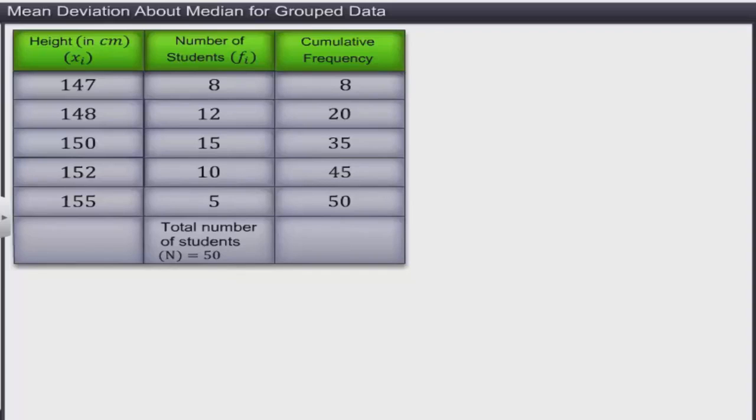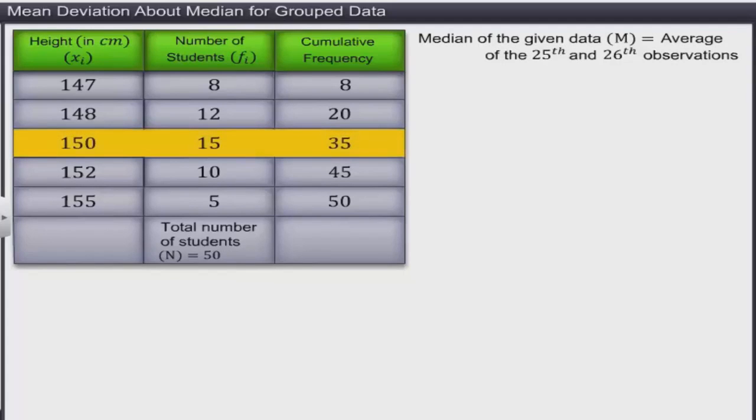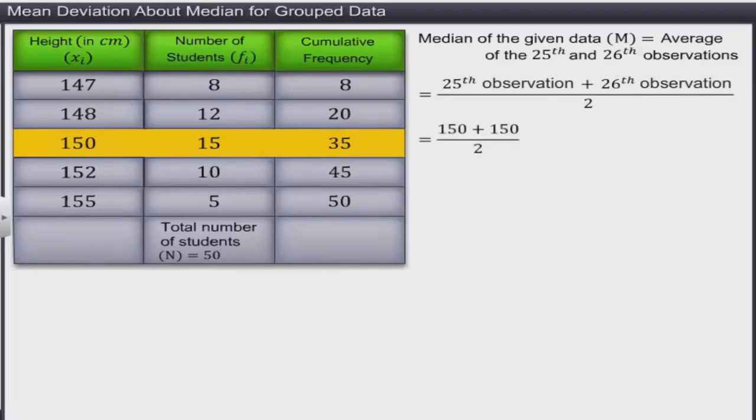Thus, the median of the data is the average of the 25th and the 26th observations. As we can notice from the table, the 25th observation is 150 and the 26th observation is also 150. Therefore, the median of the given data is 150 centimeters.